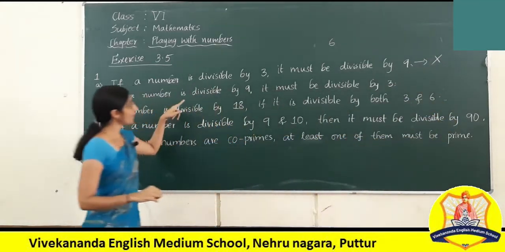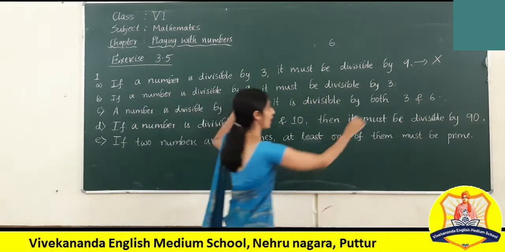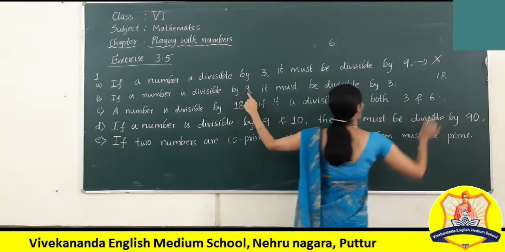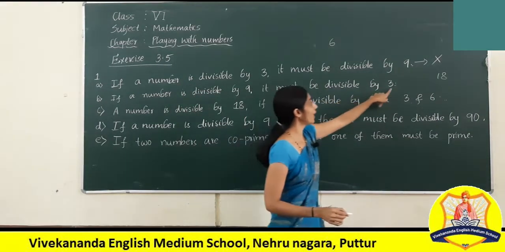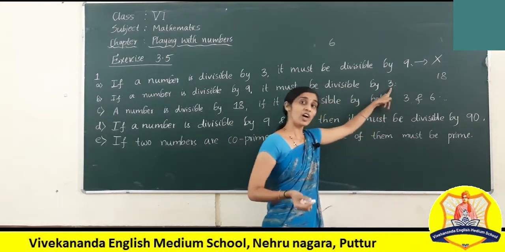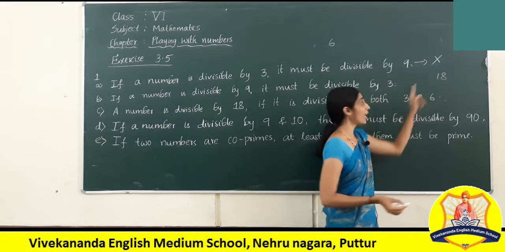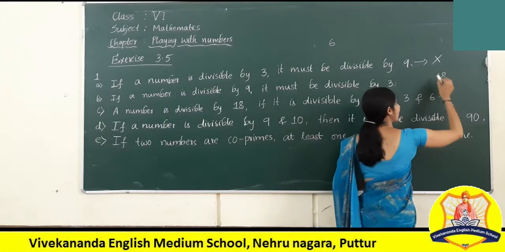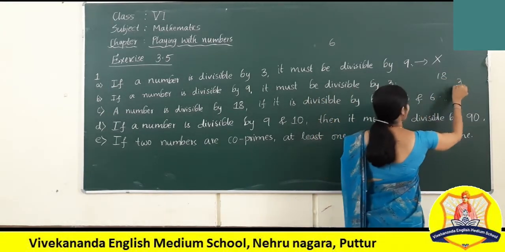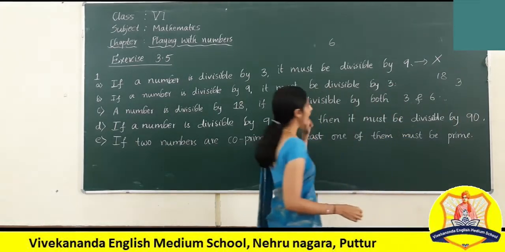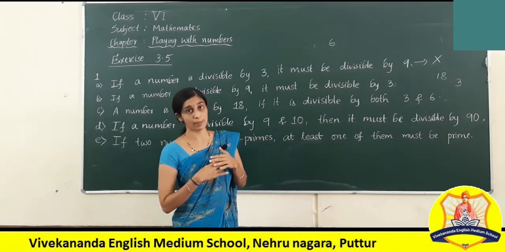If a number is divisible by 9, okay, 18. If a number is divisible by 9, it must be divisible by 3. Recall the divisibility rule. If a given number is divisible by other number, 3 I take, then it must be divisible by factors of those numbers.